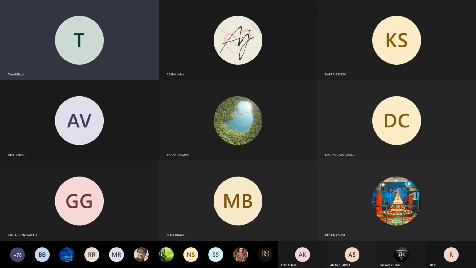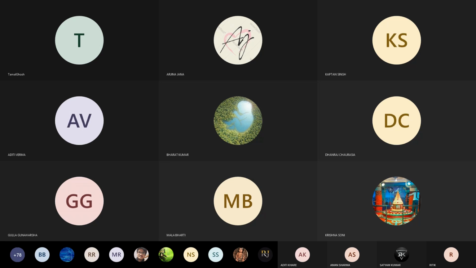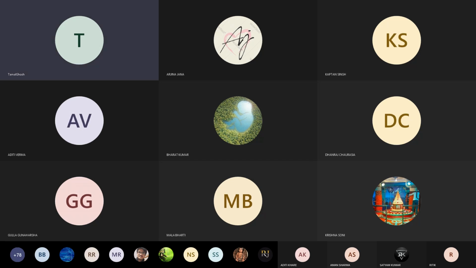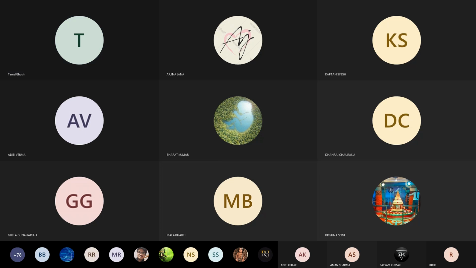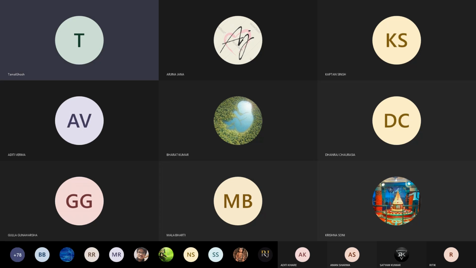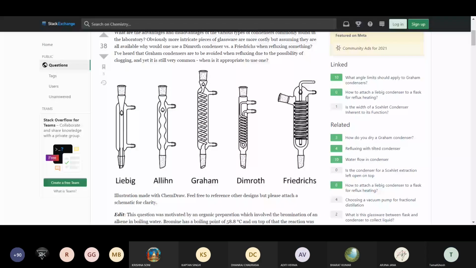Now this one I think is better. You can see the Liebig condenser, Graham condenser. Is it visible? These are the different types of condenser. Basically, in the lower part is where the name of the condenser is written.